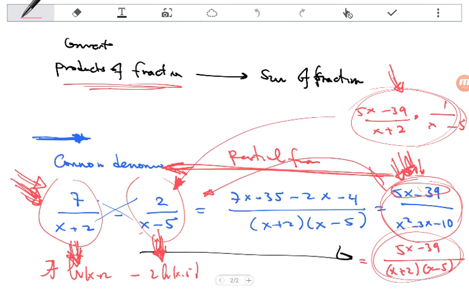The other way is to deal with it in partial fractions, to express this product of fractions as a sum of some simple fractions. Each of these fractions can be integrated easily by the table. Okay?